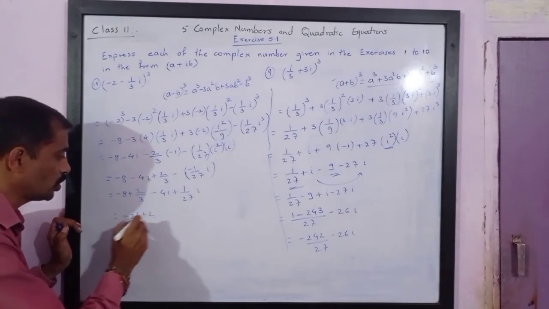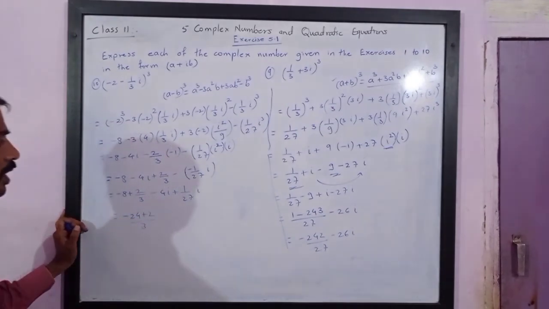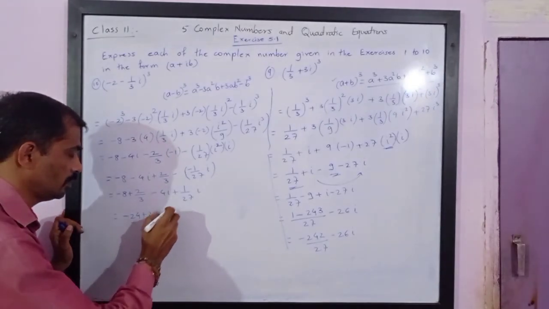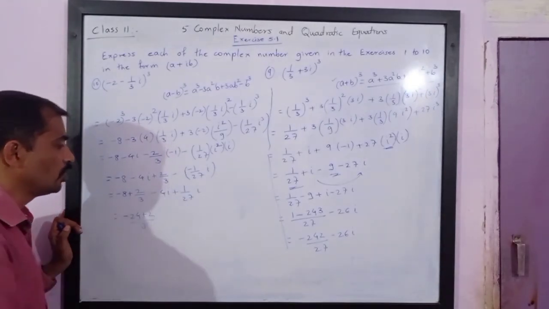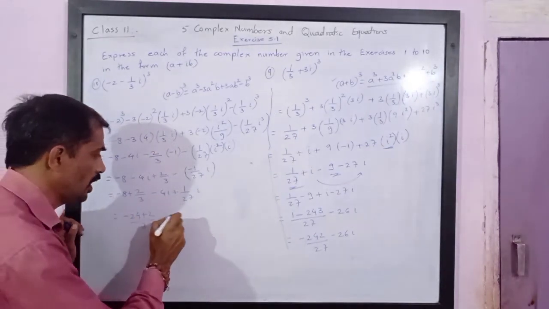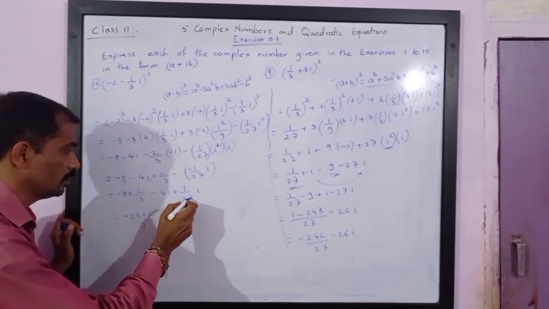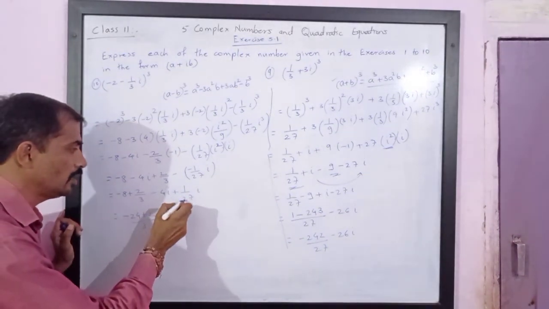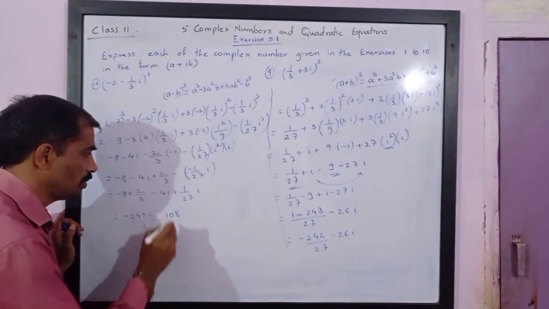Negative 24 plus 2 upon 3. This is equal to I taken common. So you will have 27 into 4. 27 into 4 is 4 7s are 28, 2 carries. 4 2s are 8 plus 2 is 10.